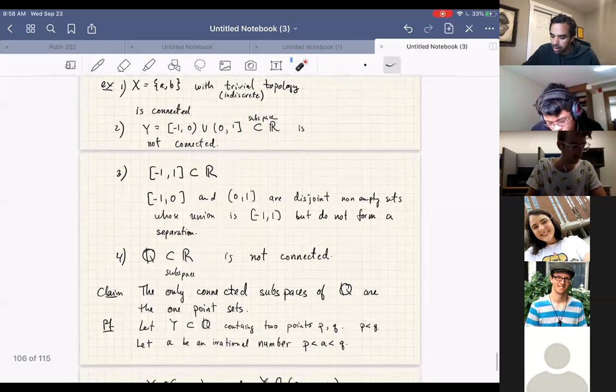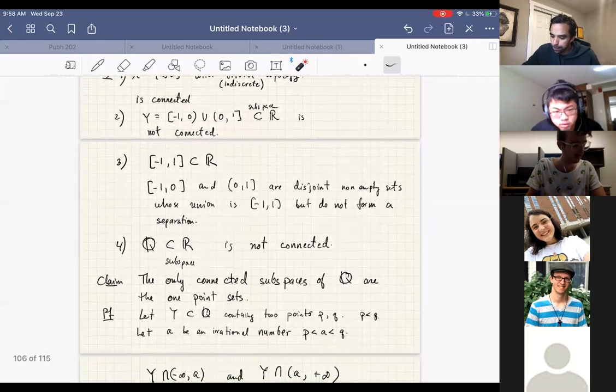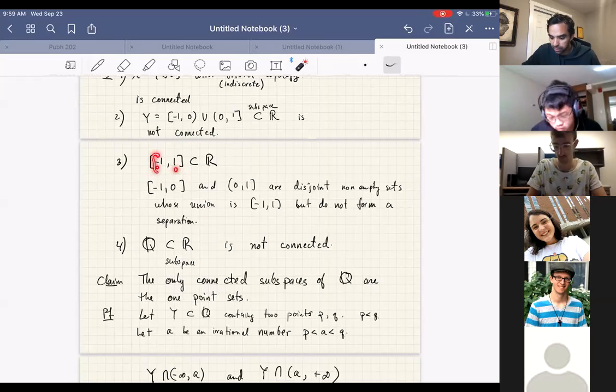Oh, okay. So yeah, this is another example. Suppose we consider the interval from -1 to 1, including -1 and including 1, as a subspace of R. Then the following two sets are disjoint.